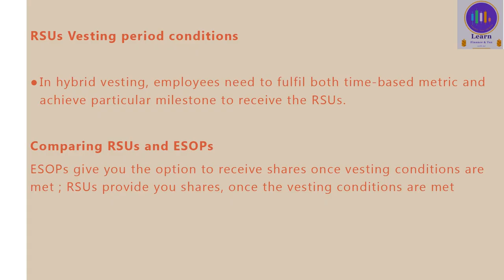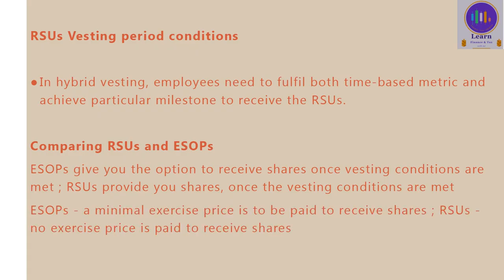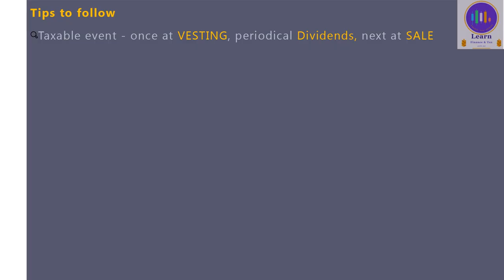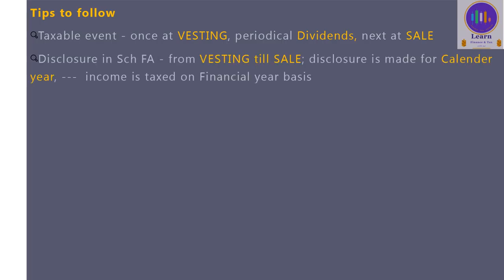Some tips to follow. Taxable events: once at vesting, periodically on dividends, and next at sale. Disclosure in Schedule FA is for the calendar year, from vesting till sale. Income is taxed on a financial year basis.